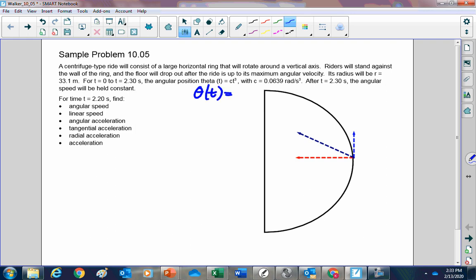It's written pretty small here, but I'll write it larger: c t cubed, and we're given what the constant is. They want us to find all these quantities at this certain time.